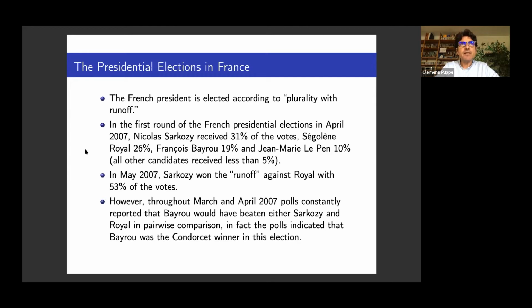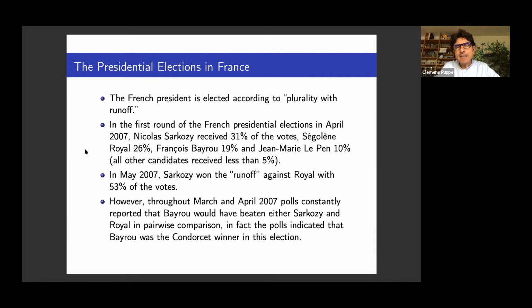Then every French citizen can cast one vote, one vote to the preferred candidate. And that would be plurality. Plurality would then simply count who has the most votes and he will be the president.